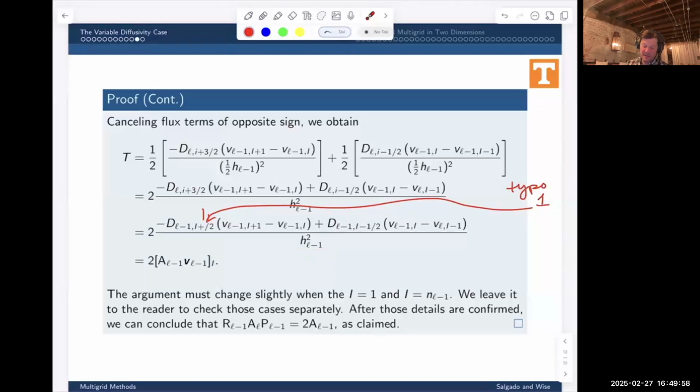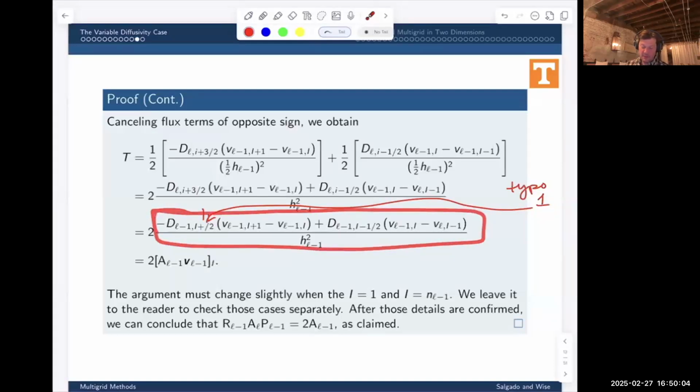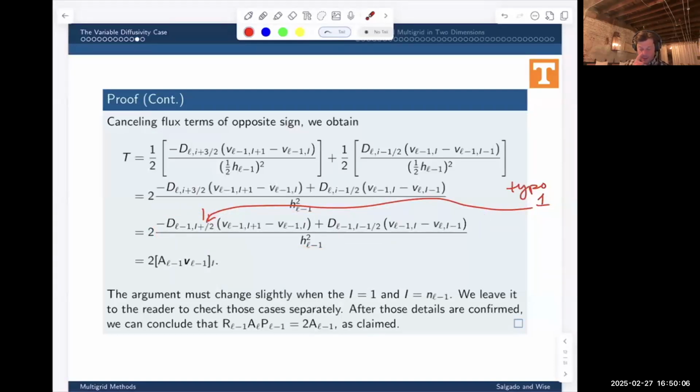That's good because that's the grid spacing on the coarse level. And all this thing here is the coarse level finite difference operator. Remember, that can be translated into a matrix vector multiplication. That's exactly A_{l-1} times v_{l-1} evaluated at the grid point capital I.